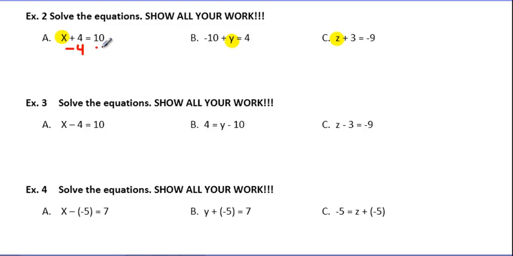Whatever I do to one side, I have to do the exact same thing to the other side, so I'm going to subtract 4 from there. Now, over here, positive 4 and negative 4, that's 0, so I don't need it anymore. And I'm going to drop my x down. On this side, 10 minus 4 is 6, and we have solved for x. X is now by itself.